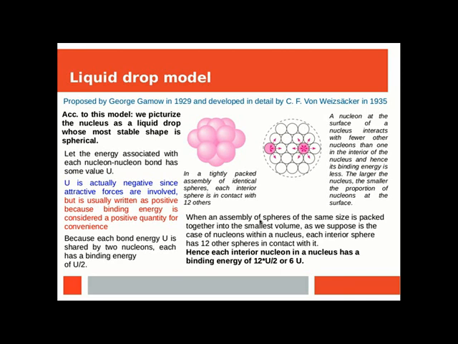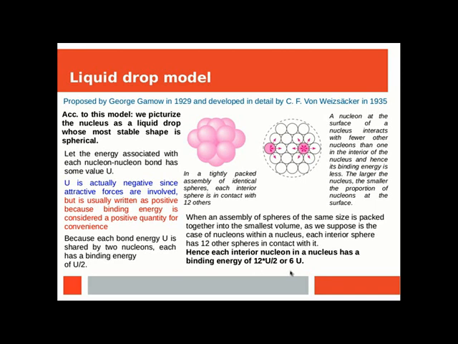So suppose this is the case. Each interior nucleon, a nucleon which is present inside, in a closely packed spherical arrangement is in contact with 12 other neighboring nucleons. So in this way, each interior nucleon has 12 times u by 2, which is equal to 6u, of the binding energy.